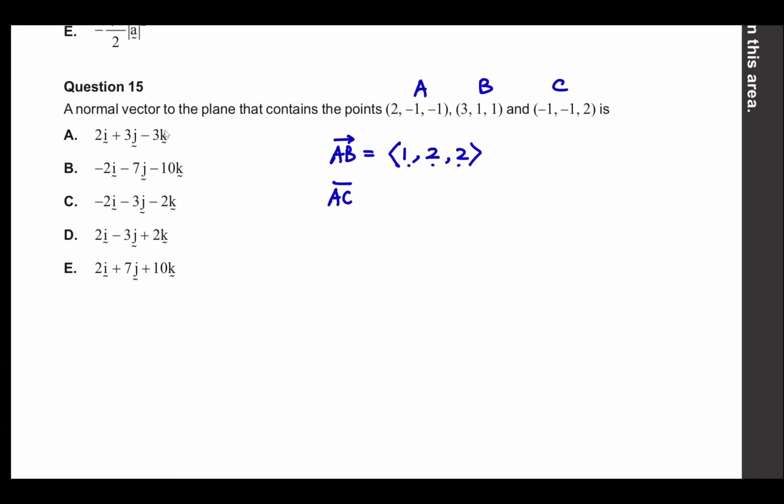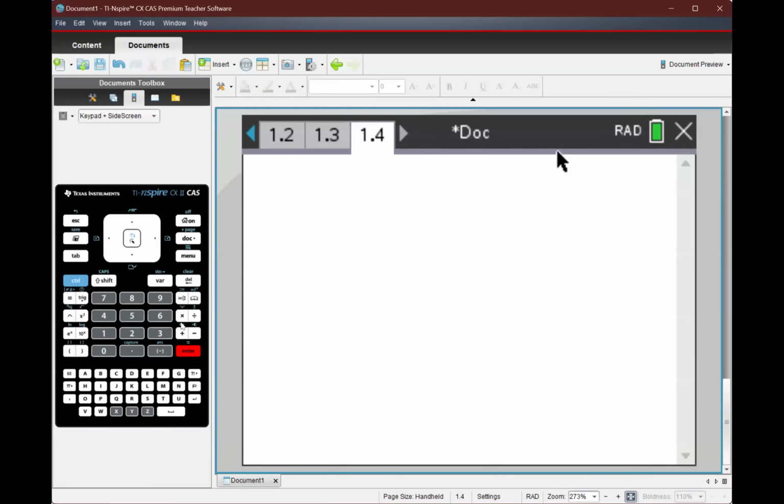And A to C, for example, that is -1 minus 2, which is -3; -1 take 1, that is -2... -1 take -1 is 0; and 2 take -1 is 3. Okay? And then you can do a cross product of your vectors AB and AC. Use comma to separate two columns or two row vectors.